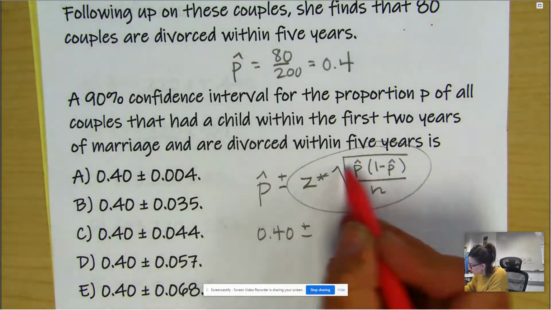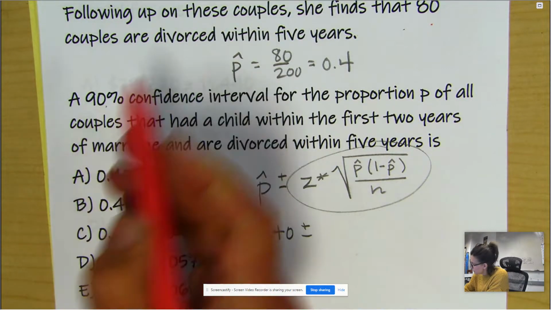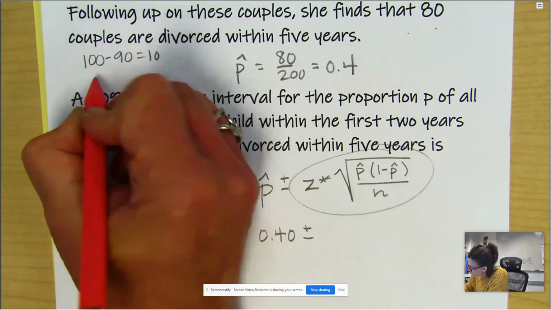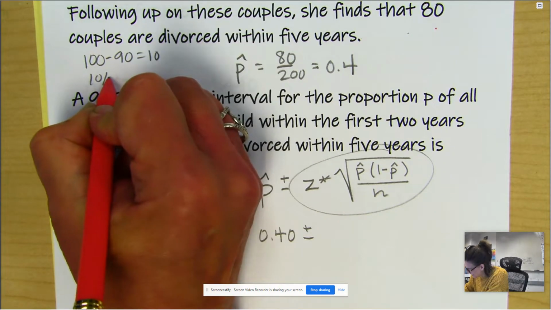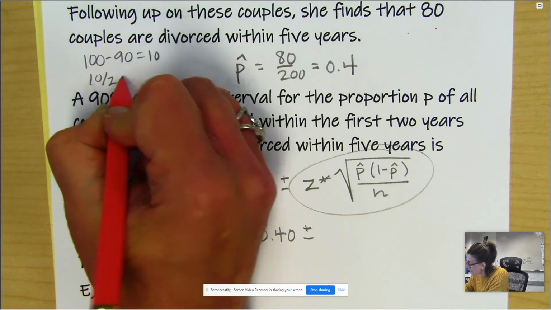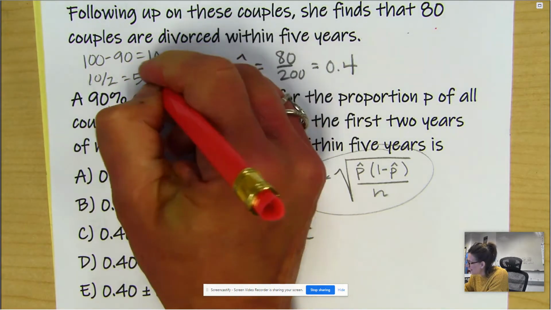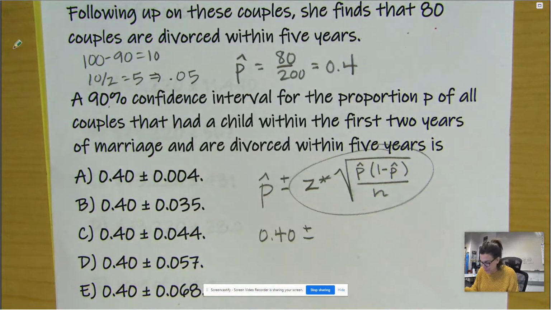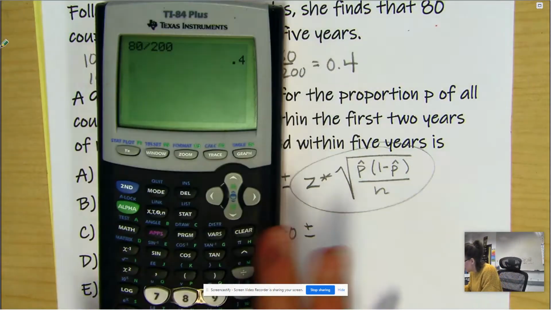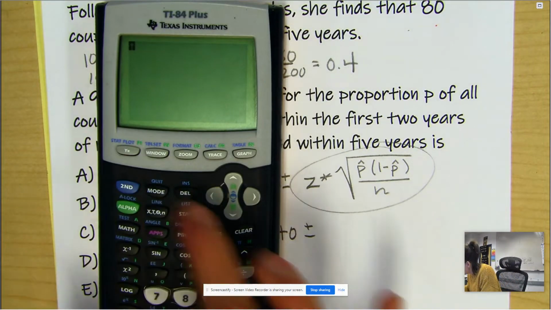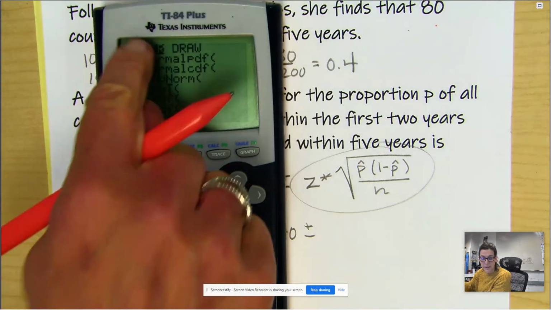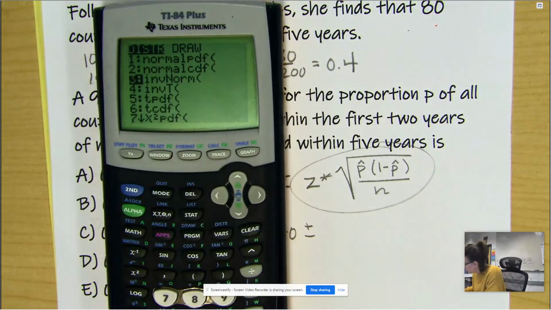Okay, so Z star for a 90% confidence interval, 100 minus 90 is 10. Half of 10 is 5, and then we're going to go 0.05. Where's my Z table? Oh, I don't have one. No problem. We're going to go here, second, inverse norm. If you don't have your Z table, this inverse norm gives you that.